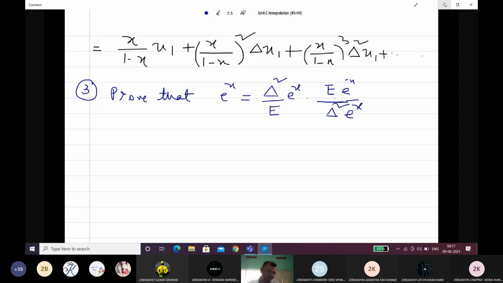Here the two terms are there. The product is in the middle. e power x is equal to delta square by E of (e power x) into e power x, plus x, not minus x. No confusion.